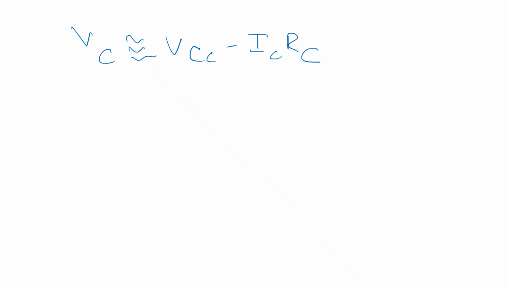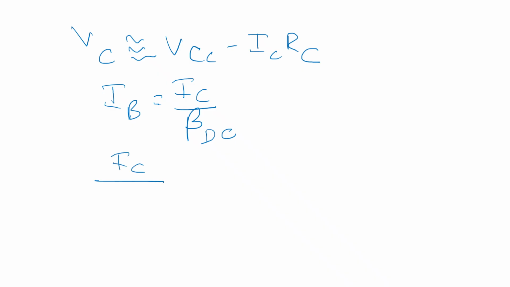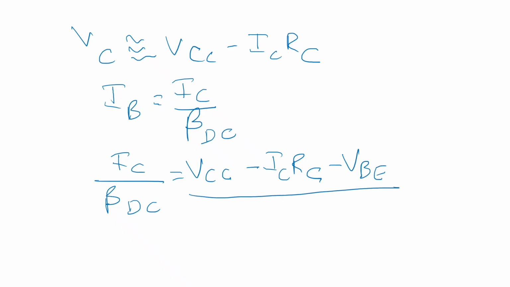Substituting in the previous equation, we also have IB equal to IC divided by beta DC, where beta is the current gain of the circuit. So substituting for VC in the above equation, we get IC divided by beta DC is equal to VCC minus ICRC minus VBE divided by RB.